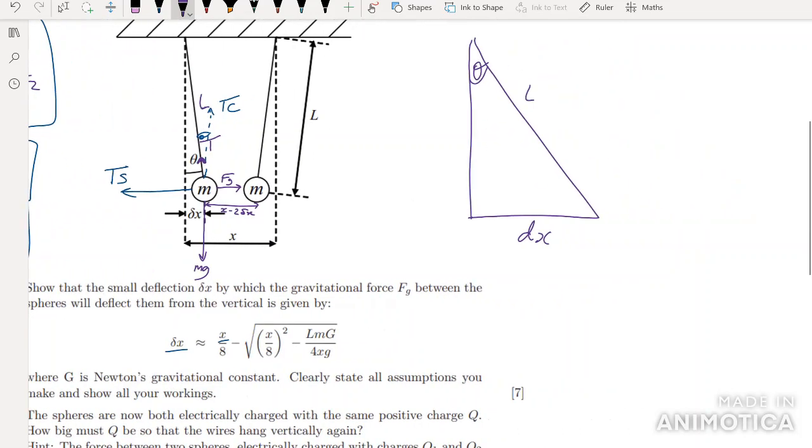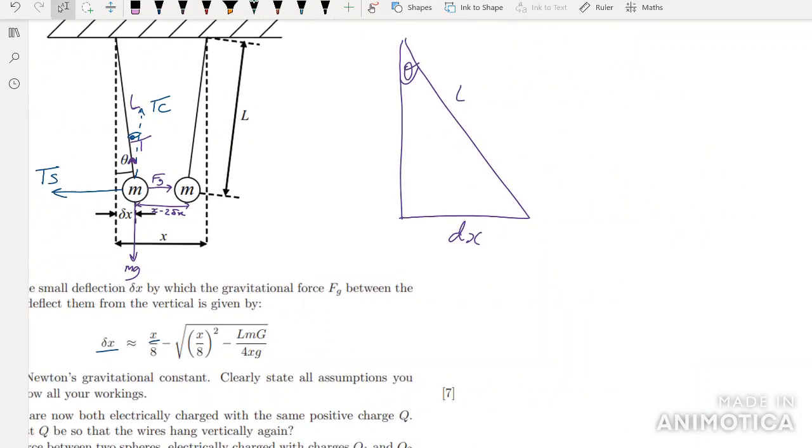So the only way we're getting an L in there is by saying that that's the opposite and the hypotenuse. So L sine theta equals dx. Okay, so we've got that equation.